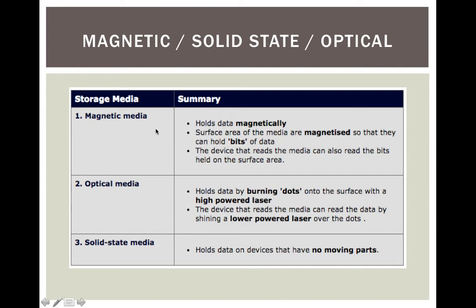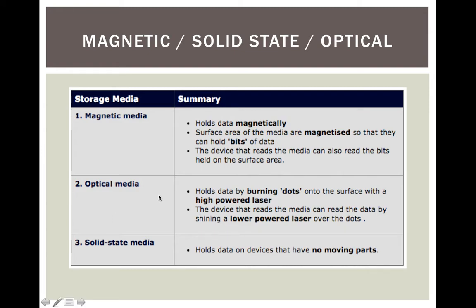So this is magnetic media. One of the advantages of magnetic media is you can store huge amounts of data. It's not particularly complicated to store massive files, but it's not particularly easy to regain access to, because a lot of magnetic media is still sequential in access.